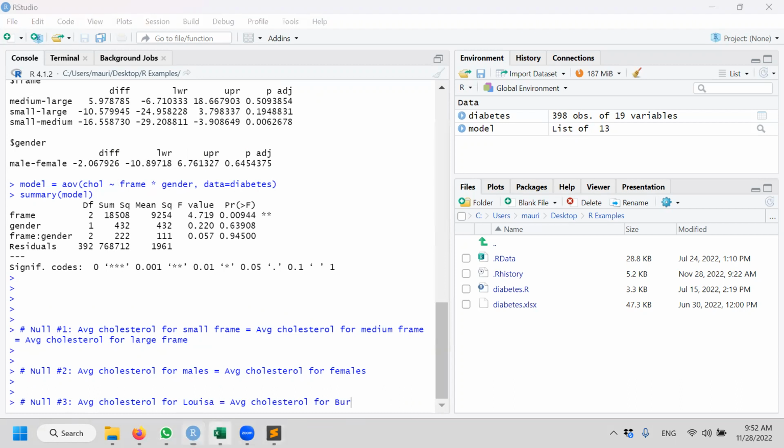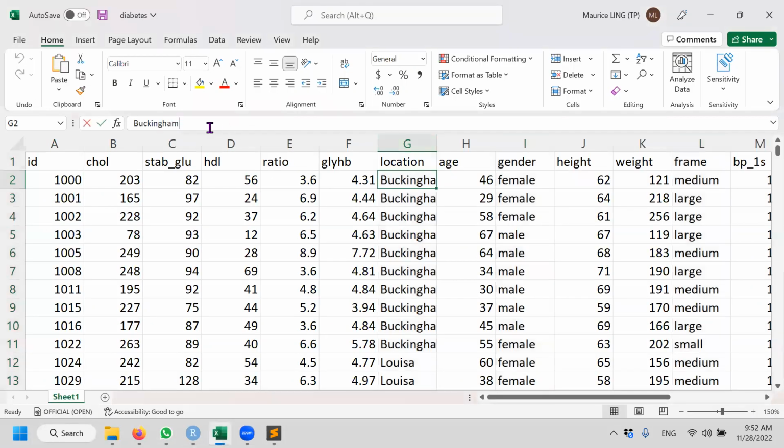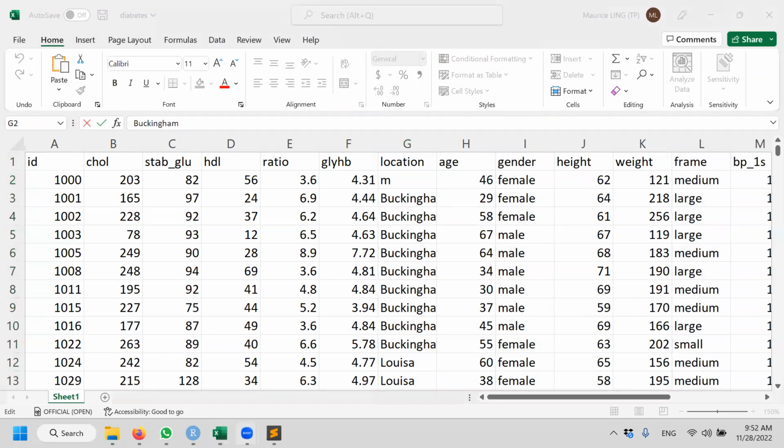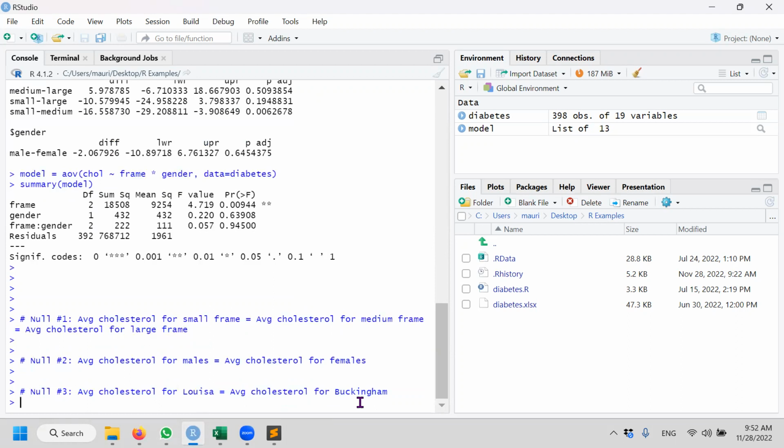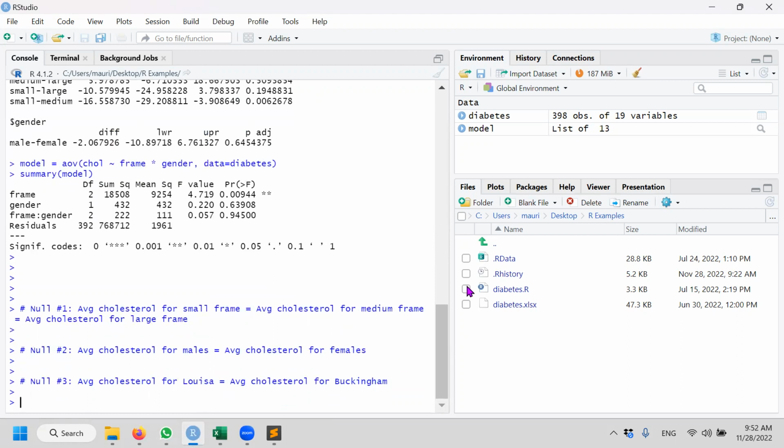This is our 3 hypotheses. Okay, we can do that at the same time.